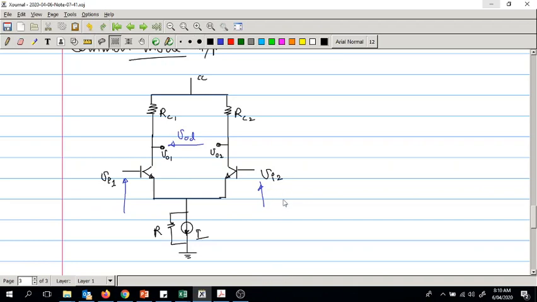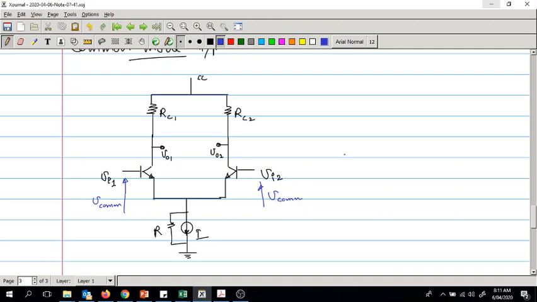Now we apply a common mode signal, which means we apply the same signal to both the inputs. This is V common, in both the cases. What is the purpose of doing this? You know, the noise. The noise is available in both the inputs.